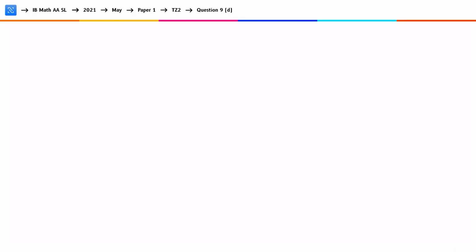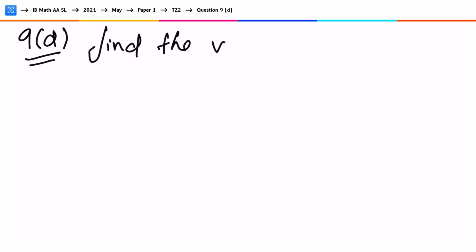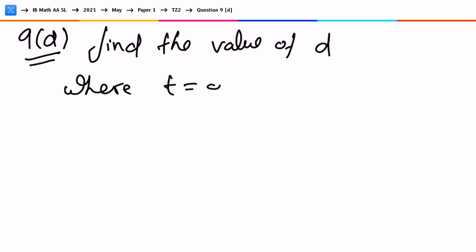Our question is part D of number 9. According to the question, we need to find the value of d when t equals 0, t equals 4, and t equals 10.